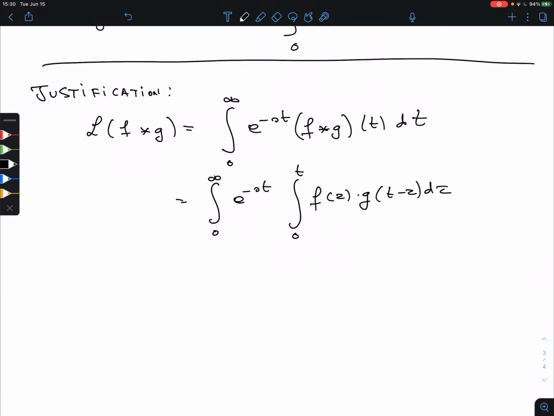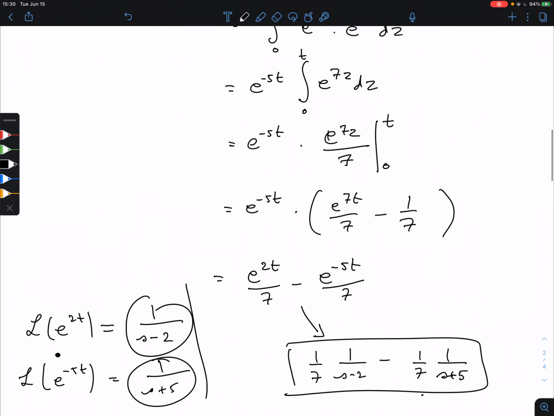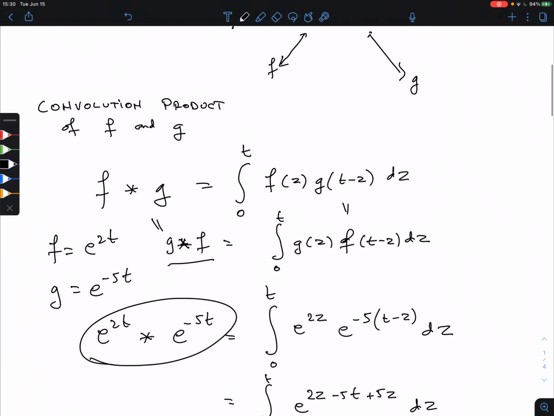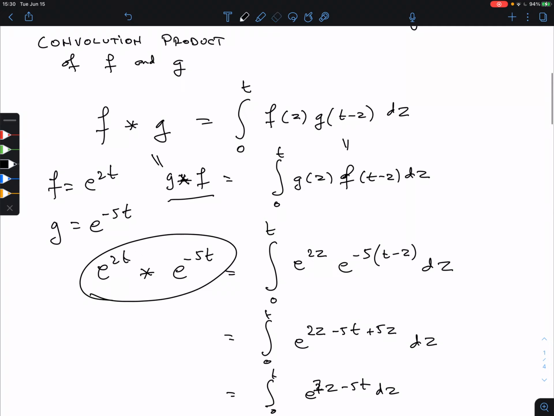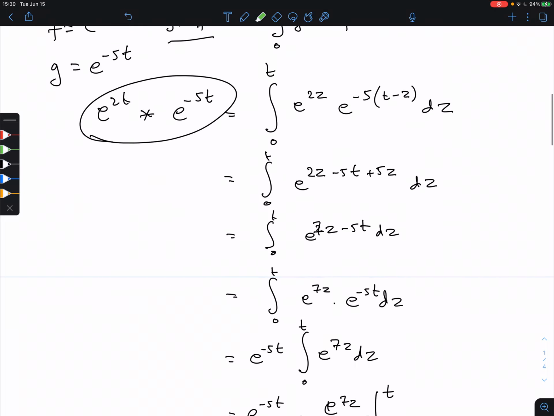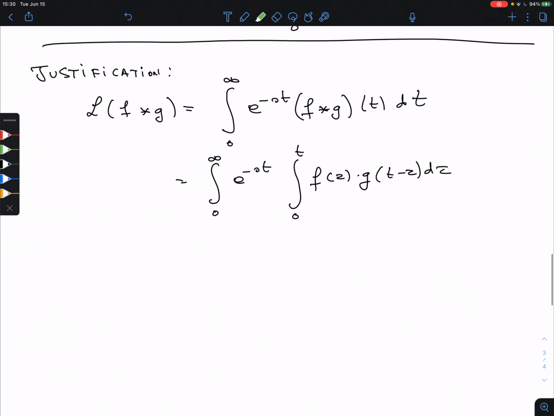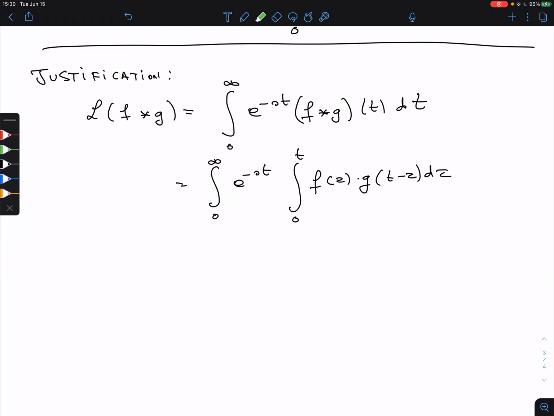That's just using the formula of the convolution product. Where is it? Here. Should perhaps box this too. This box is in green. And the other formula was the original formula of the Laplace transform that I copied. Now this whole thing is this integral, and then there's the dt.